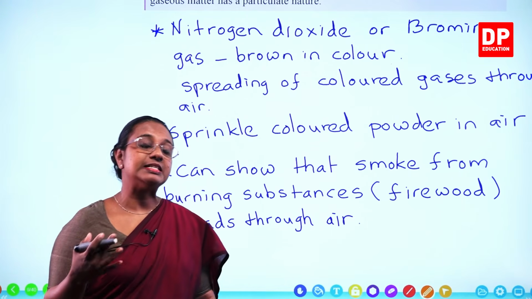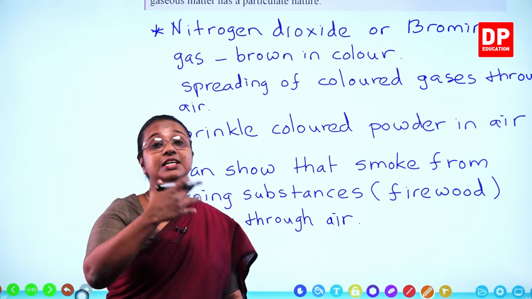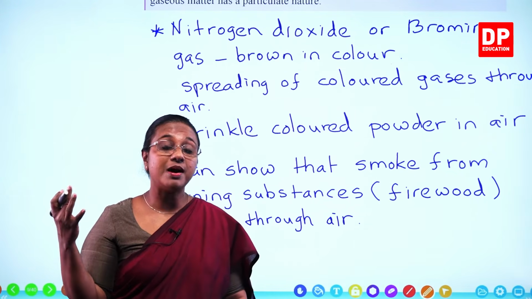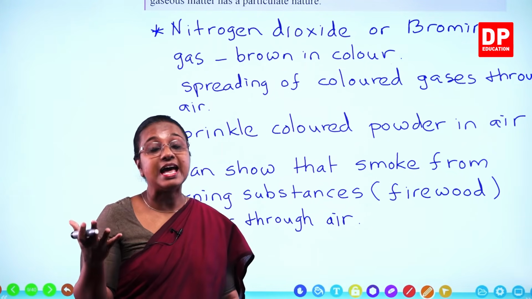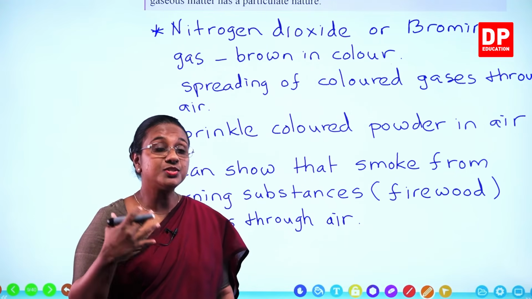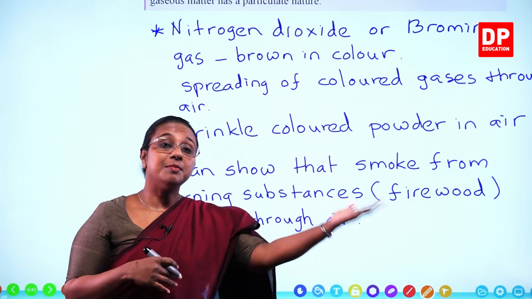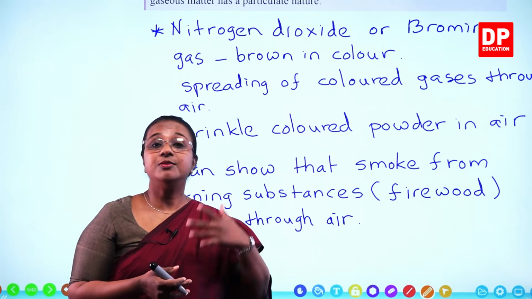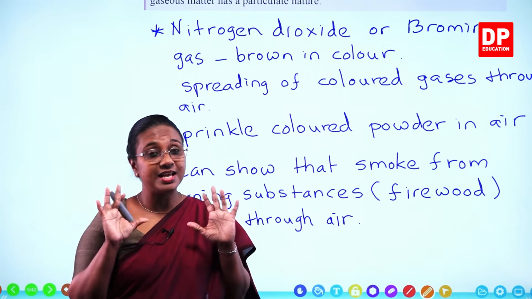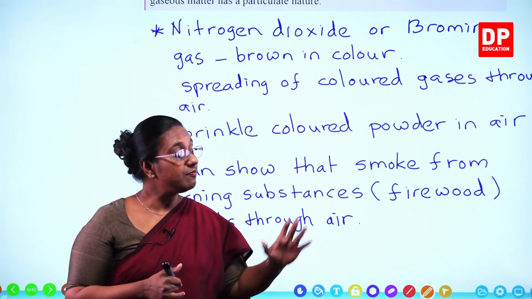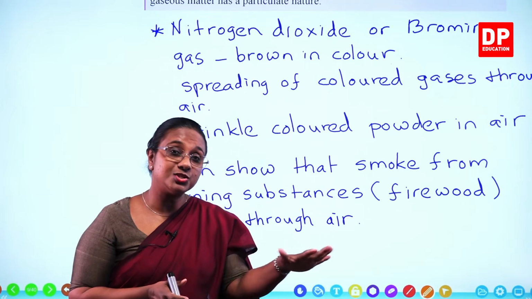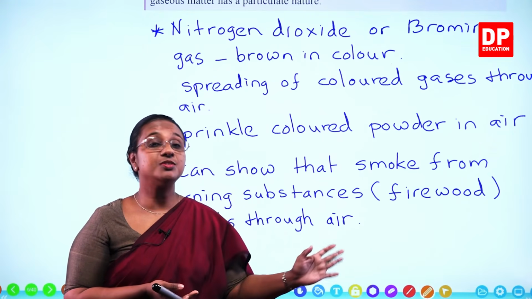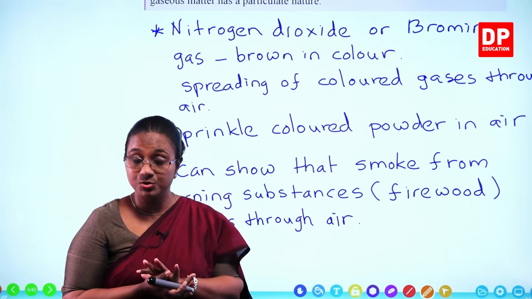You have even seen sometimes, if you have visited a cement factory, there is a lot of cement dust in the atmosphere. There also you would have seen the particles moving with the wind, with the blowing of the air. It's like a cloudy color. In the same way, if you are in a place where there is a lot of reddish brown sand, when there is blowing, sometimes even the sand blows with the wind.